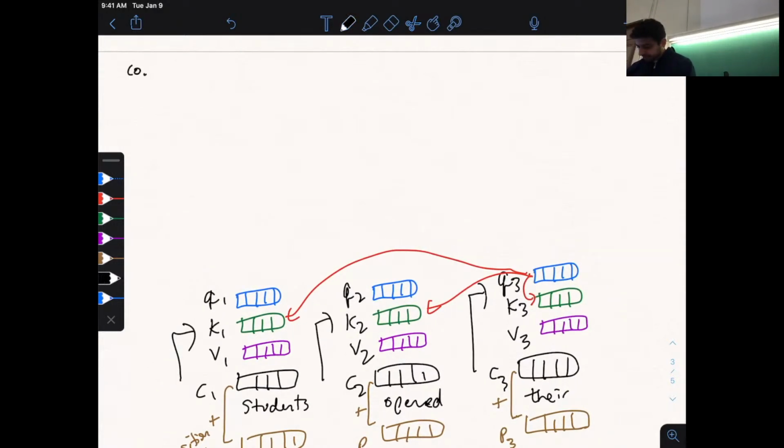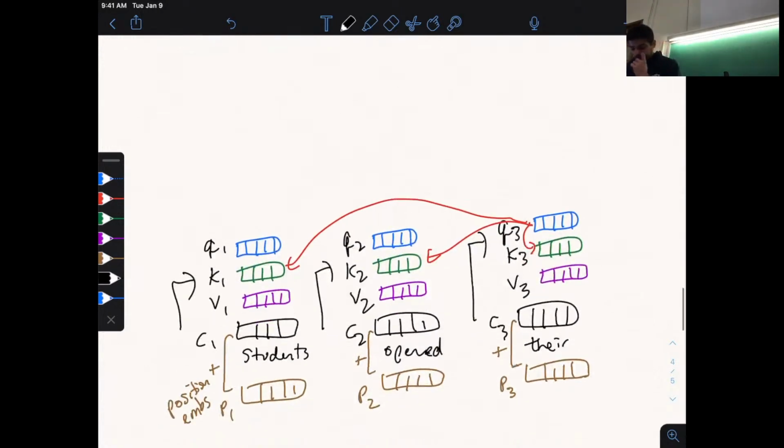Okay, so computations at second time step. All right, so here, oops, okay. Maybe fix that.